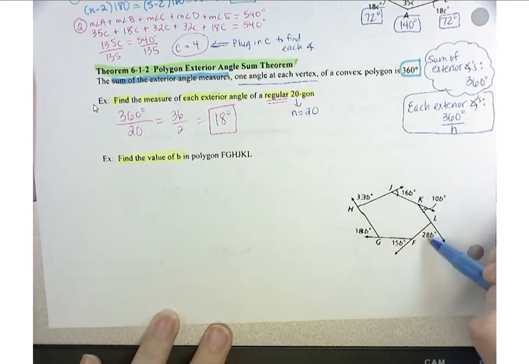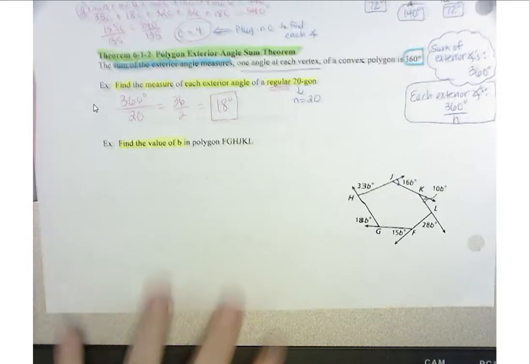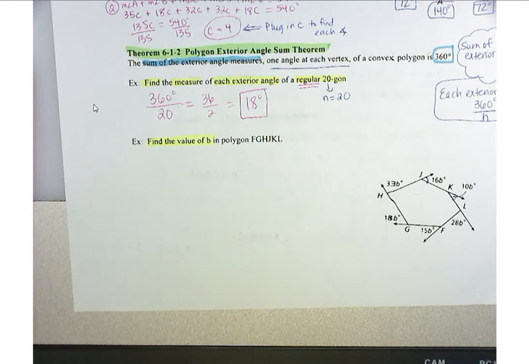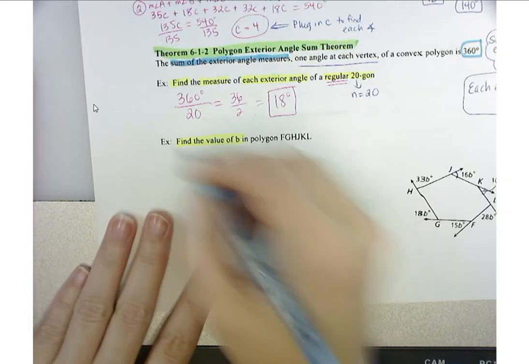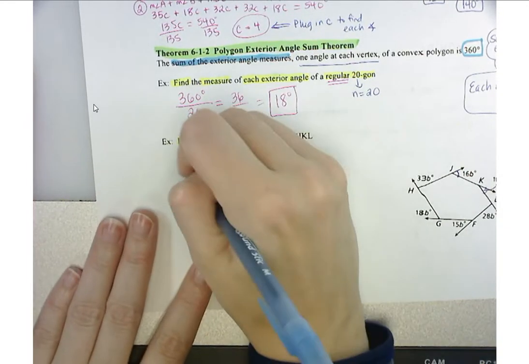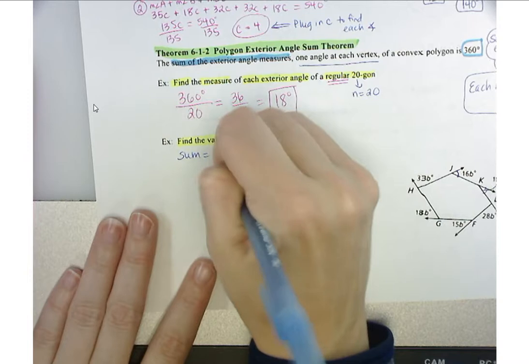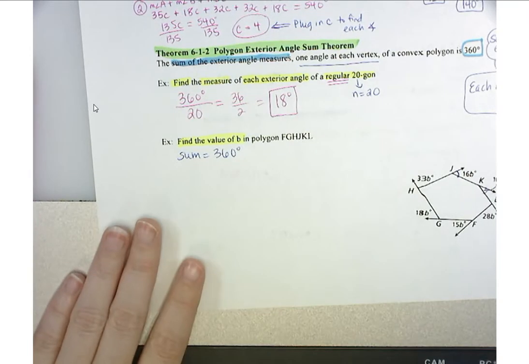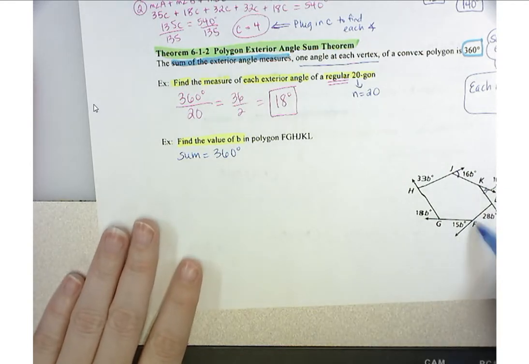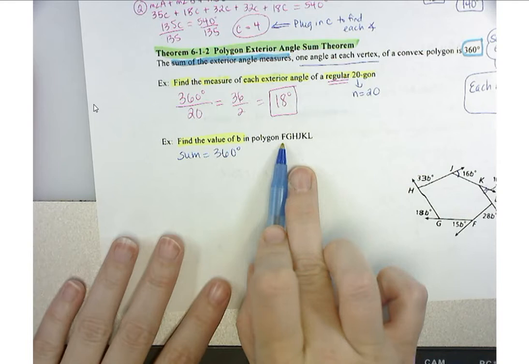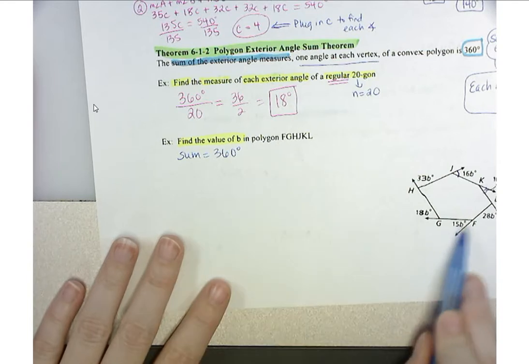Okay, so if I added all of those angles together, I would get 360. And then I will add them all together. So your sum is 360. And then it doesn't matter where you start. I went in alphabetical order, so I just started at where F was.